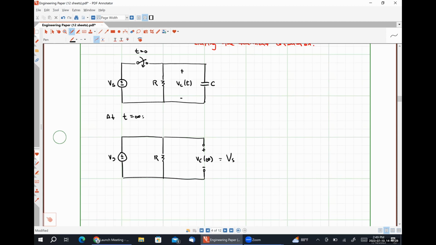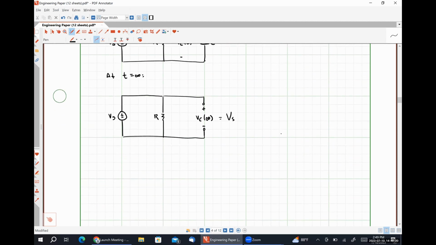So what we should expect to see is a total response. Actually, let me put this as VC total of time is going to look like VC at 0 minus for t less than 0 minus.